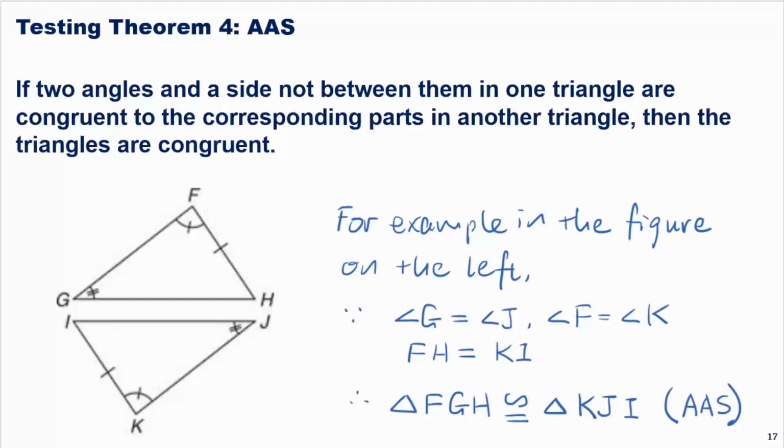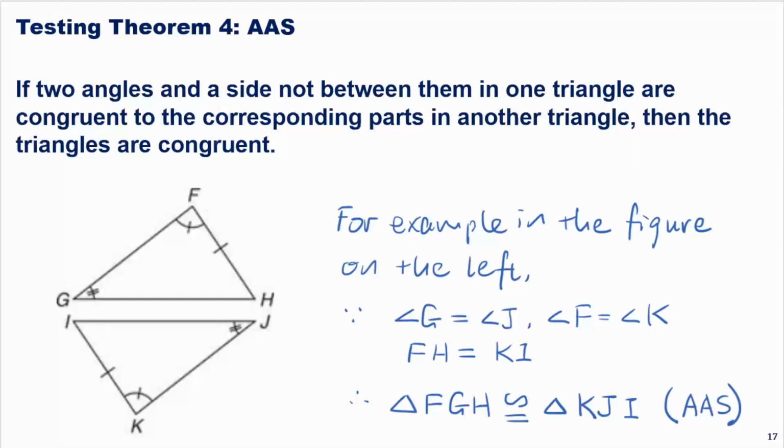For example, if we have a pair of triangles here, if we have angle G equals angle J, angle F equals angle K, and FH equals KI, then we can conclude triangle FGH is congruent to triangle KJI by AAS. Clear? So there are 4 testing theorems we can use to determine if 2 triangles are congruent.